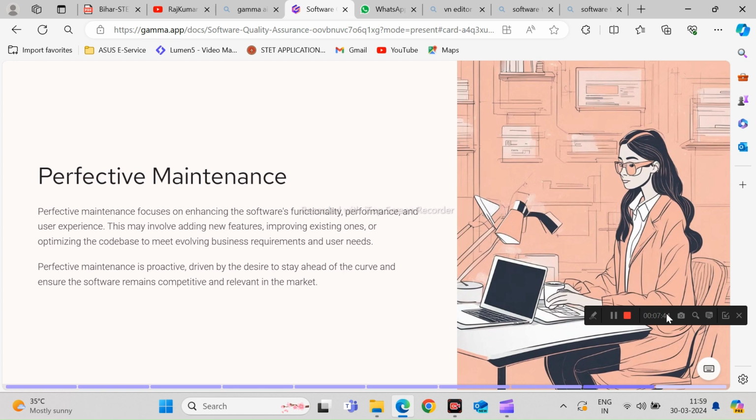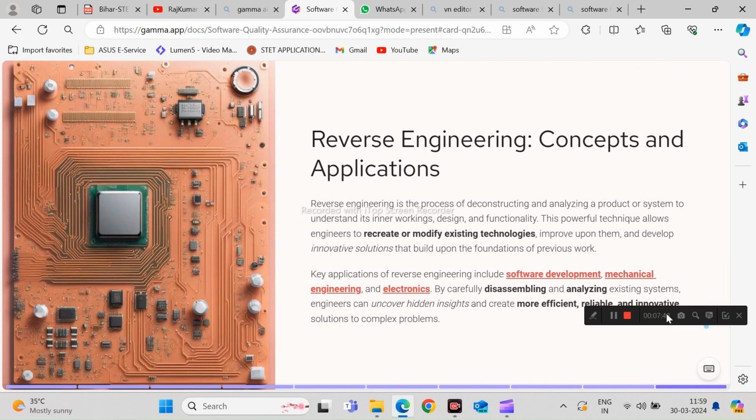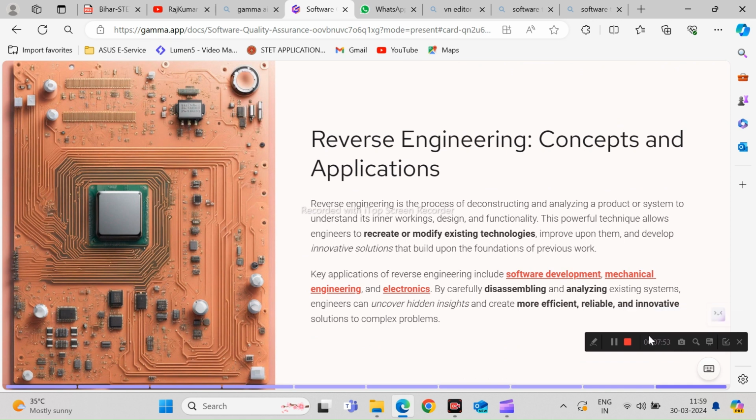Now the last slide, or that is the last point, but very important in software engineering, that is reverse engineering. Reverse engineering concept and application. Reverse engineering is the process of deconstructing and analyzing a product, software, or system to understand its inner workings, design, and functionality.